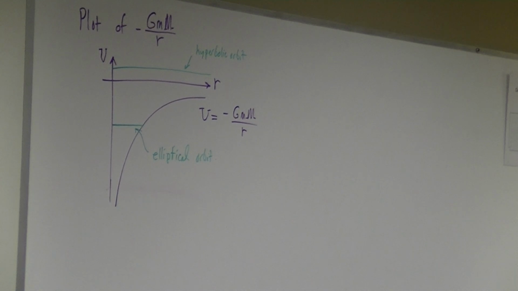So that brings us to a question: how did we get away with MGH earlier? How is it that potential energy is on the one hand MGH, but on the other hand this? How can it be both?